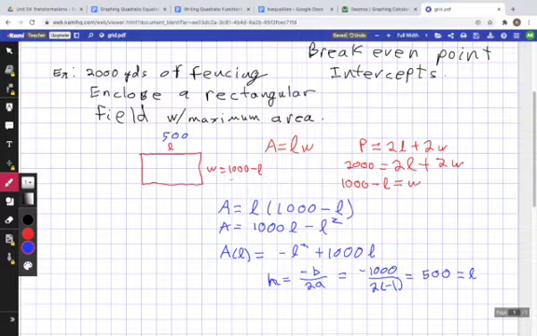The width is 1,000 minus 500, which is just 500. So the type of pen, the type of rectangular pen that gives us the best area is actually a square. A square that is 500 yards by 500 yards.